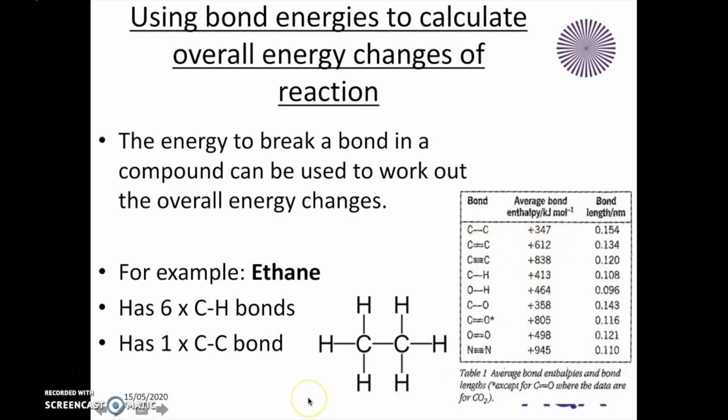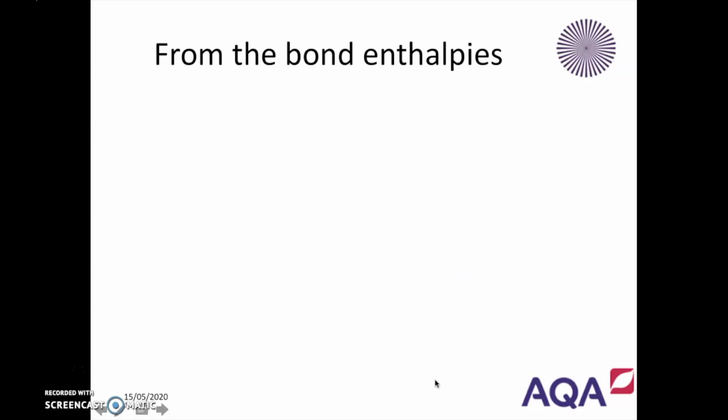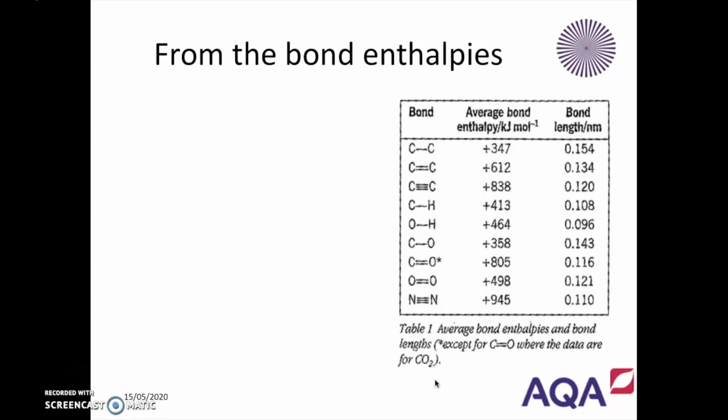Let's have a look at what the total energy is to break the bonds in this ethane molecule. From the bond enthalpies from the table here, and using the displayed formula for ethane, it's a good idea, like I said, to draw it out, because then you can clearly see how many bonds there are for each one, and it makes it a lot easier to calculate.